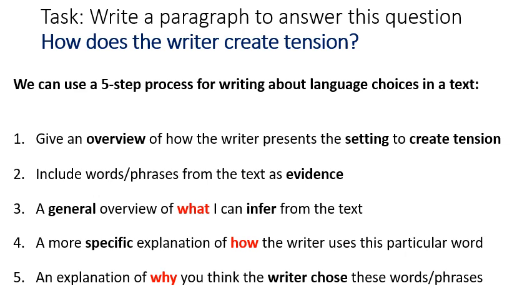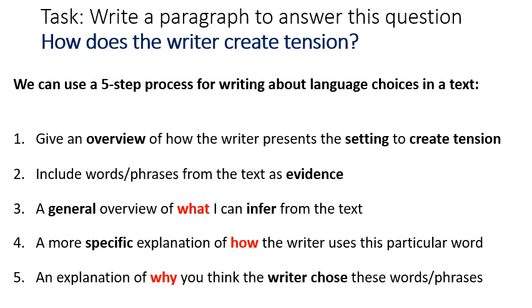So first of all, using the 5-step process, how does the writer create tension? It's a really good idea to write that question out so that you know you're always coming back to and answering that question. You start with an overview of how the writer presents the setting to create tension. So you would give an overall description of what kind of tension you're feeling, what kind of emotion you're feeling as a reader.